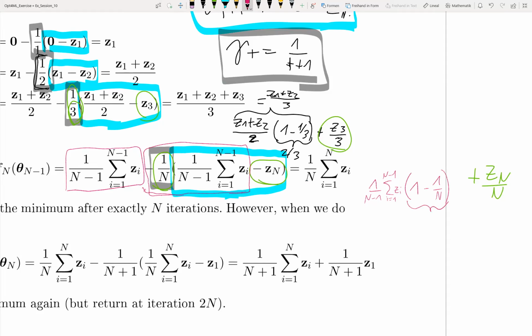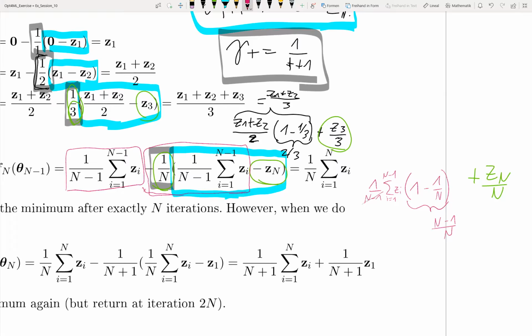This here is nothing else than n minus 1 over n, right? And so 1 can be represented as n over n, and then you see obviously that this is n minus 1 over n.